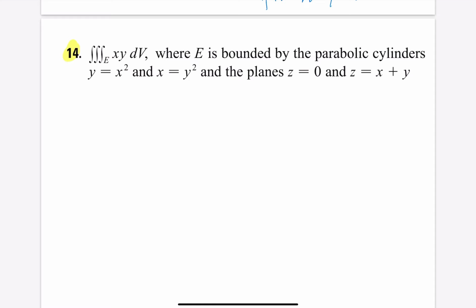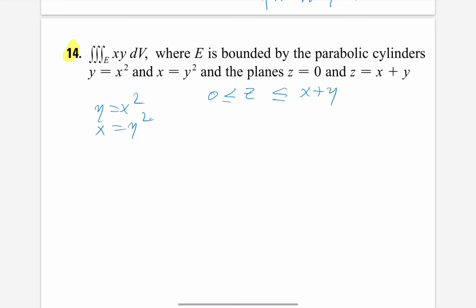You have z between 0 and x plus y, and then you can check the x and y. Here you have y equal to x squared, and x equal to y squared. Either way will work.